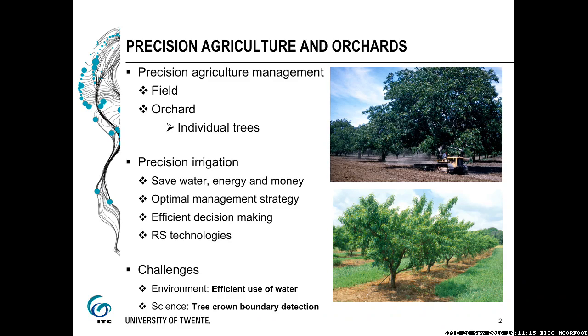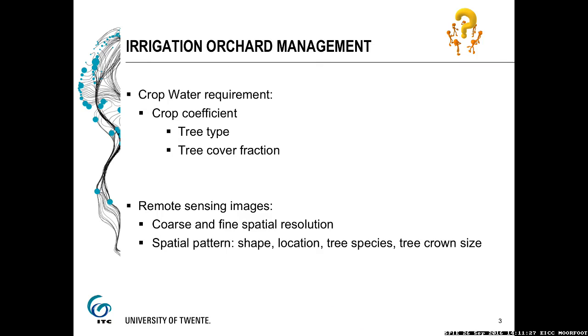So the challenges are here: environmentally, the efficient use of water, and scientifically, detecting the tree crown boundaries. For example, if we consider the crop water requirement for each individual tree, the crop coefficient is one of the functions of the crop water requirement. In this aspect, the tree types are really important, and also the tree cover fractions.